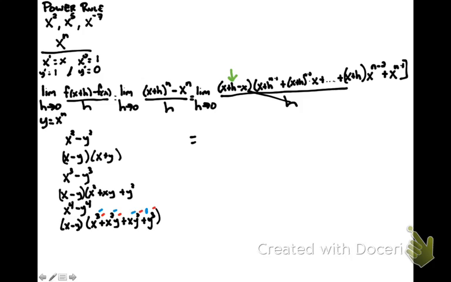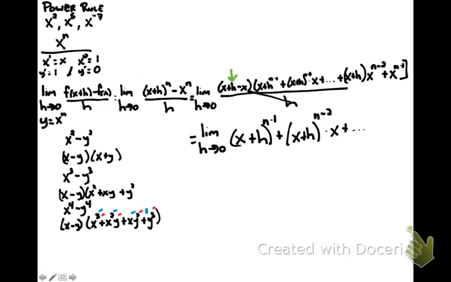So we're left with the limit as h goes to 0 of this kind of nasty looking thing, x plus h to the n minus 1 plus x plus h to the n minus 2 times x, and then that's going to keep going for a while.